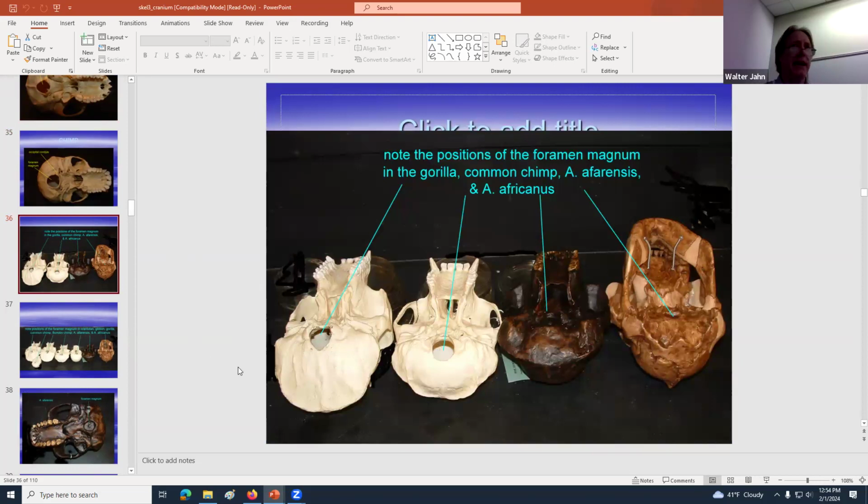If my head looked like this, I would be standing before you right now like this, because my spine would come in at an angle, forcing me forward, changing my center of gravity, forcing me to use my hands for support. The apes that do that can walk on their hind legs, but they usually don't.